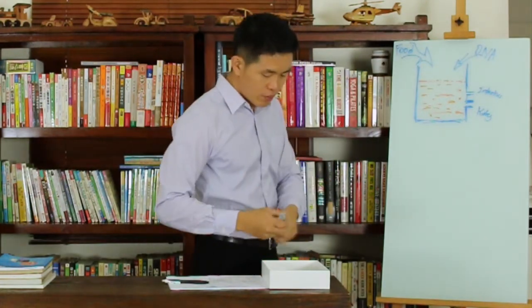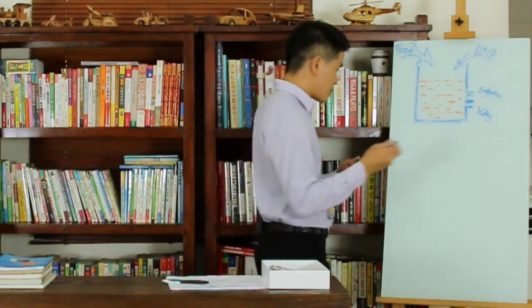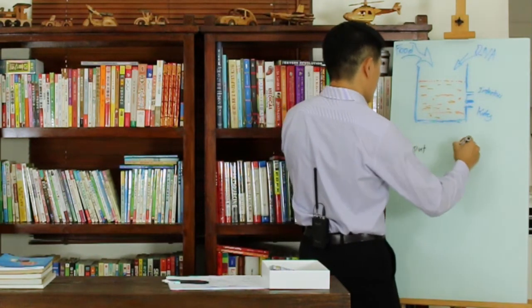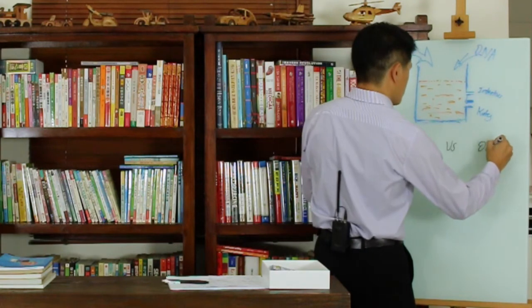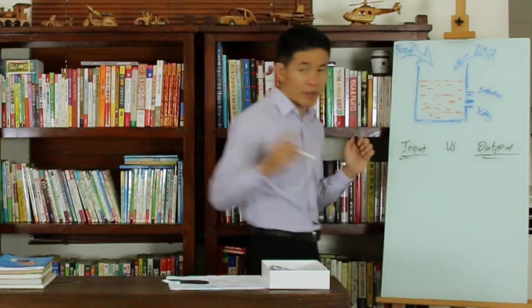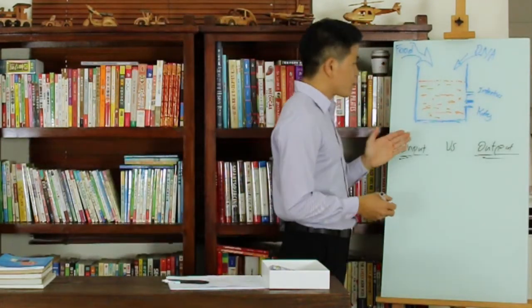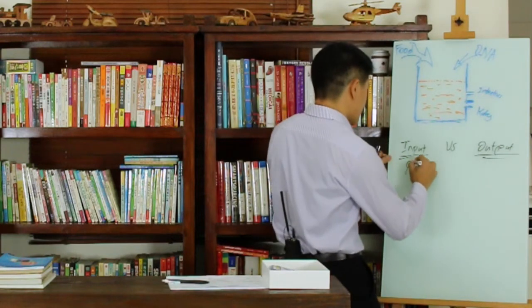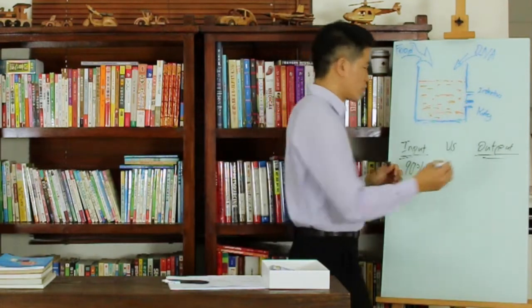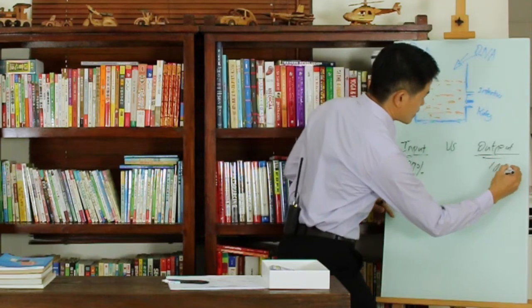The input versus output, in terms of percentage, as a cause of hyperuricemia or accumulation of uric acid: the input problem contributes 90% to the cause of gout or hyperuricemia, and output contributes only 10%.